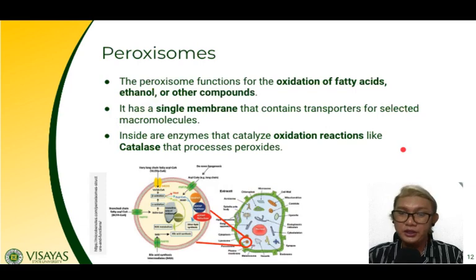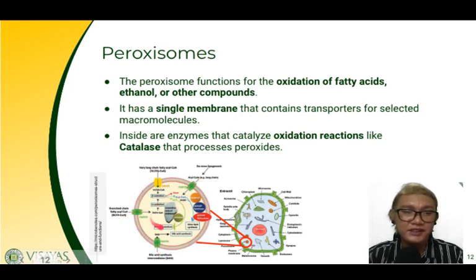Another organelle that you can find in eukaryotic cells are the peroxisomes. The peroxisome functions for the oxidation of fatty acids, the breakdown of fatty acids to produce energy. Also ethanol and other compounds. It also has a single membrane that contains transporters for selected macromolecules.